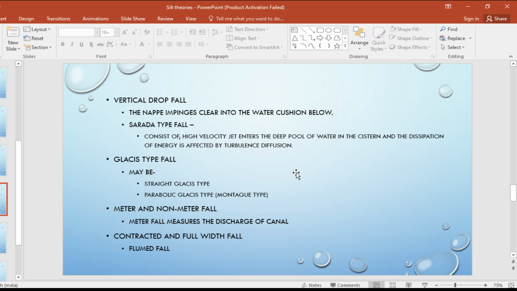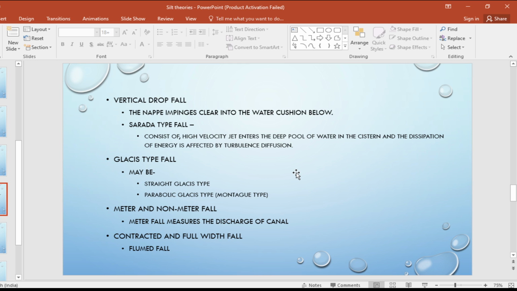Now next is your vertical drop fall. Now in vertical drop fall, the nappe impinges clear into the water cushion below. The nappe profile impinges और वो अंदर जाती है clearly into the water cushion.